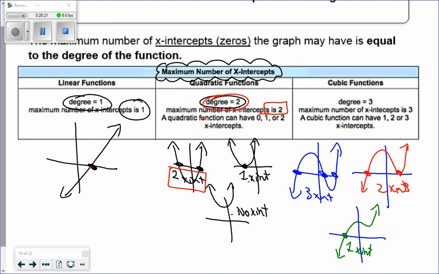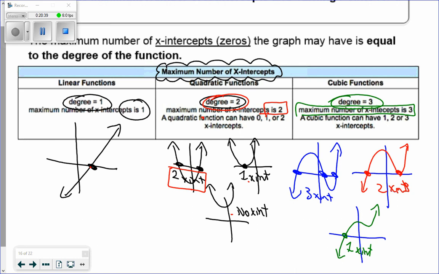Cubics cannot have 0. They have to have 1, 2, or 3. So the degree is 3. The maximum number they can have is 3. But they could have 1, 2, or 3.